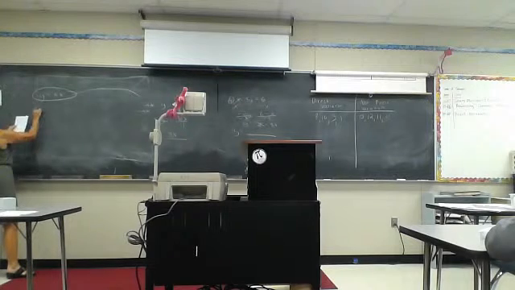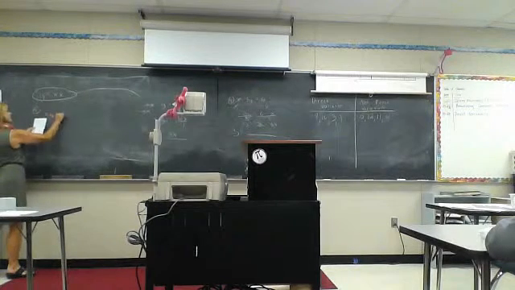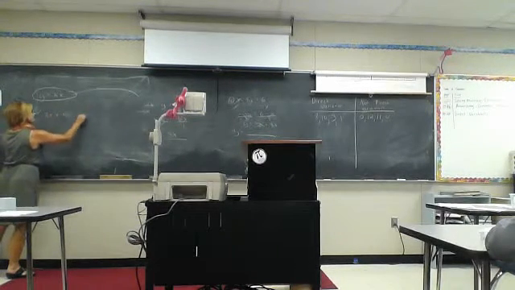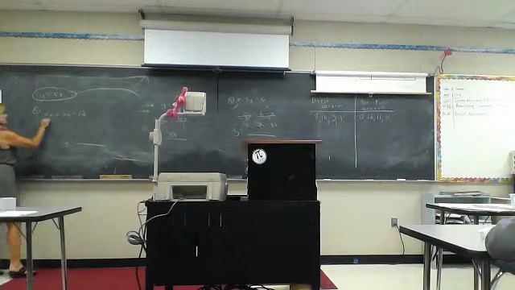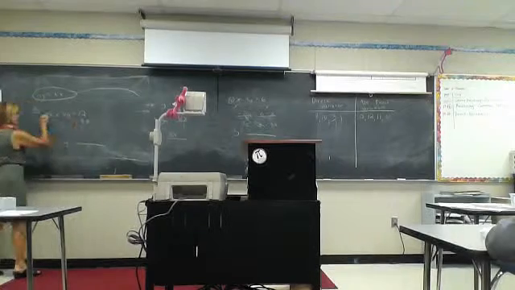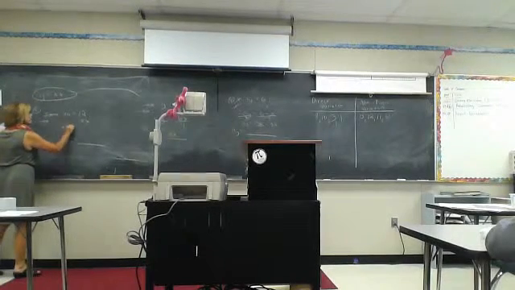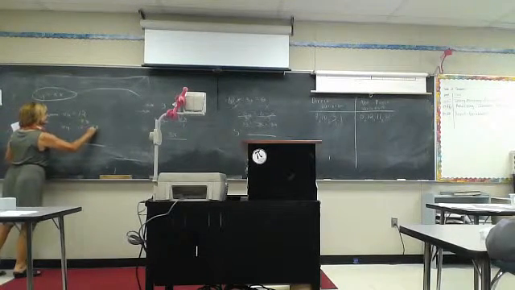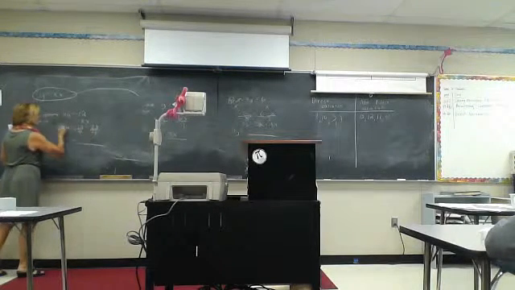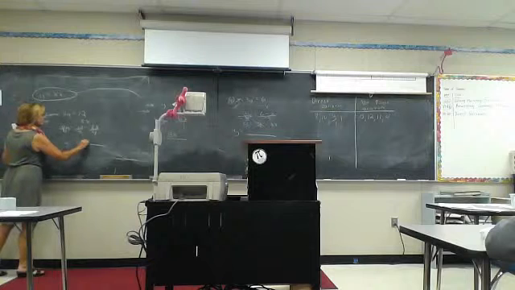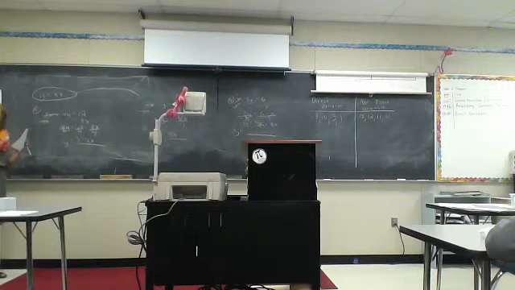Here's 5. 8x plus 4y equals 12. How do I get y by itself? Subtract 8x. Okay? So 4y equals 12 minus 8x. Divide by 4. Okay? Y is 3 minus 2x.